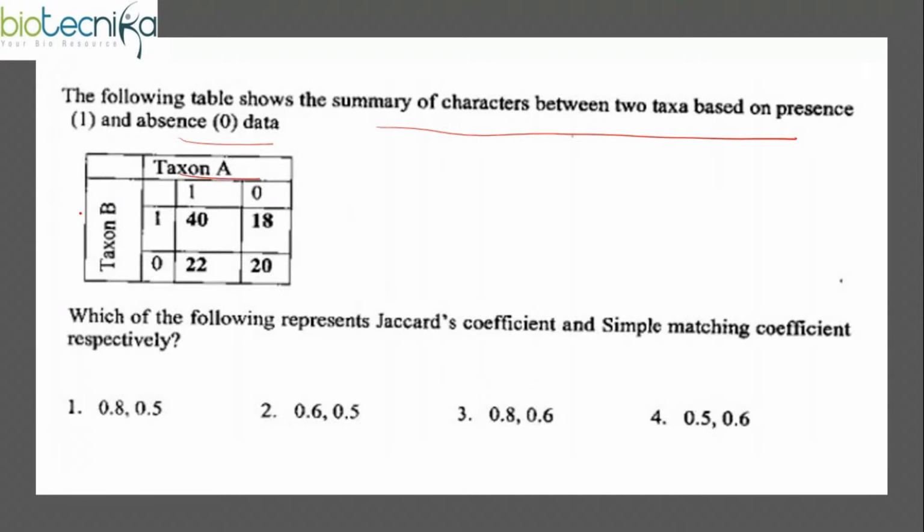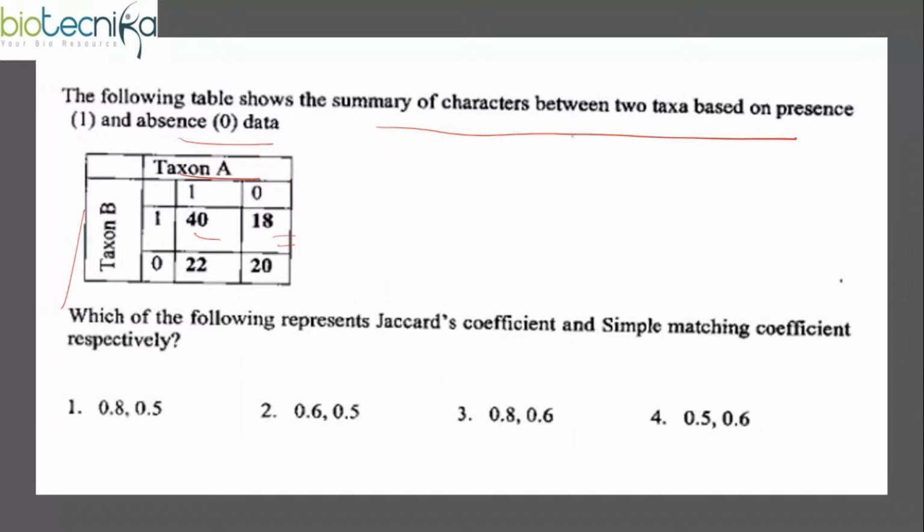So suppose taxon A and taxon B, like organism A and organism B. Here some values or characteristics have been mentioned. Now we have to understand which of the following represents Jaccard's coefficient and simple matching coefficient.